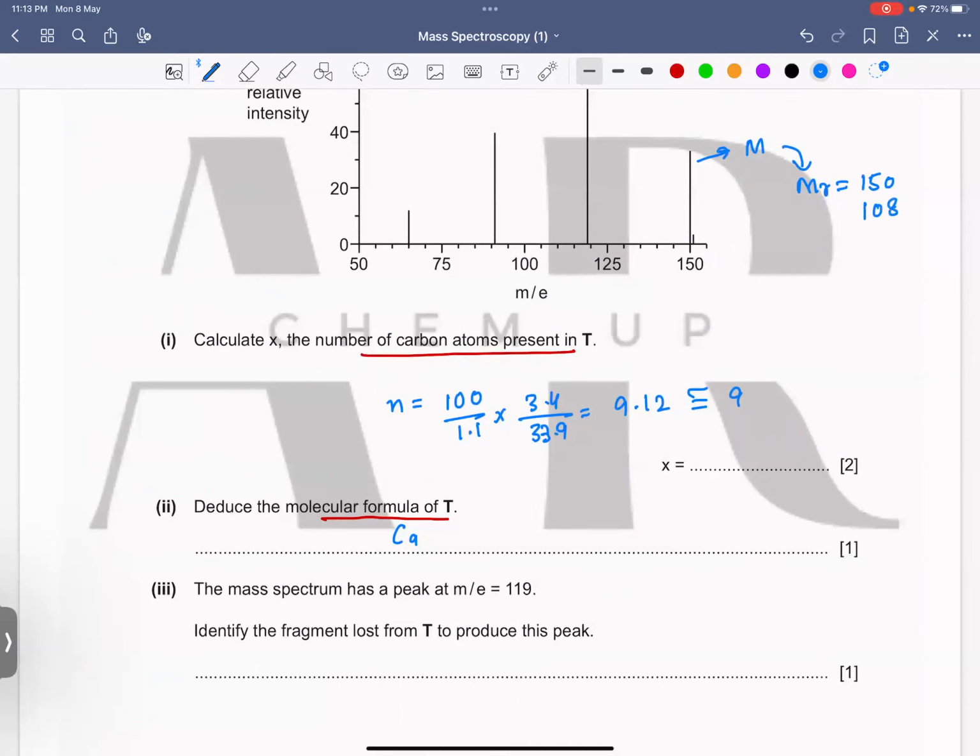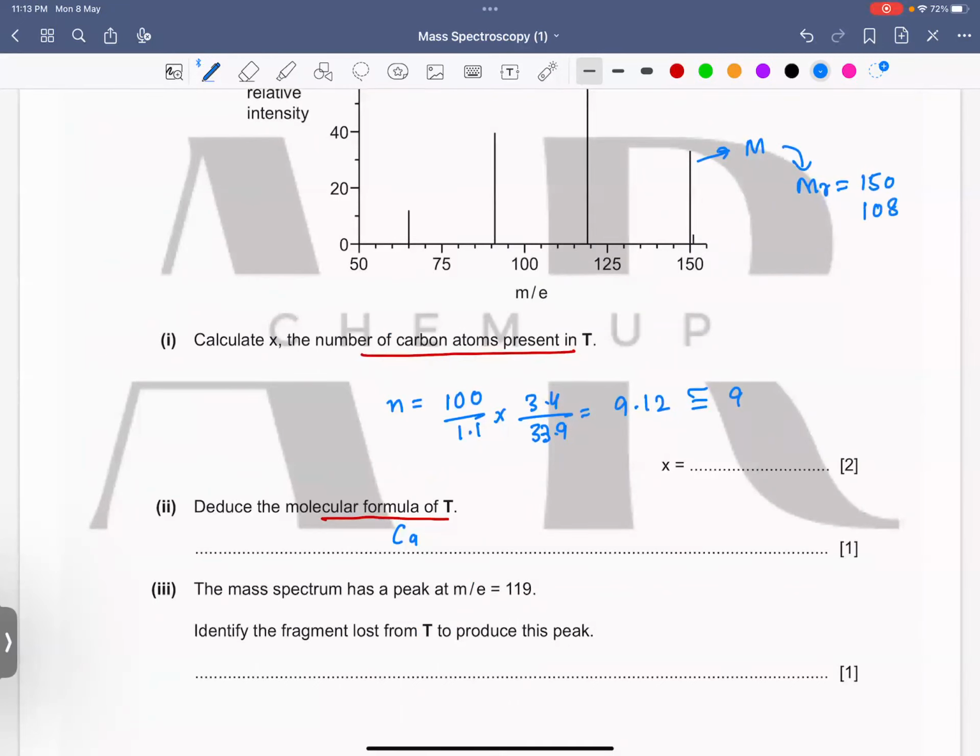You have the whole spectrum. So see, there are 2 peaks only at the start, right? So it means that the first one would be the M+1 peak.